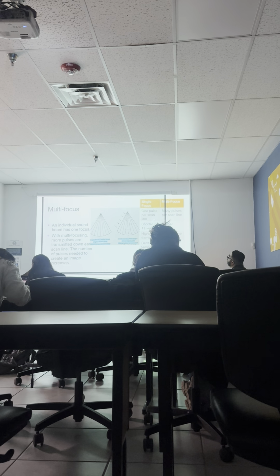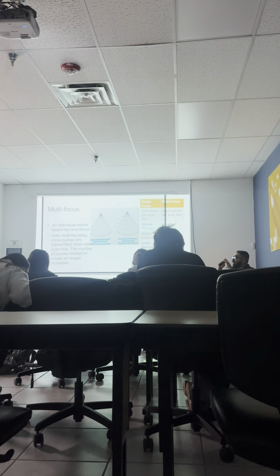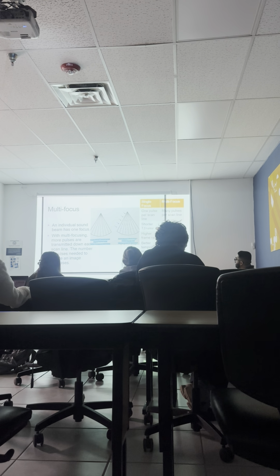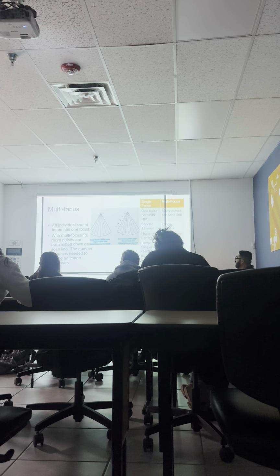Okay, so single focus, 1 pulse per scan line. We have a shorter T frame, which means a higher frame rate, which means better temporal resolution, but poorer lateral resolution because our beam is a bigger diameter at a longer distance. Now with multifocus, we have multiple pulses per scan line and a longer T frame, which means our frame rate decreases, so our temporal resolution decreases, but we have improved lateral resolution.